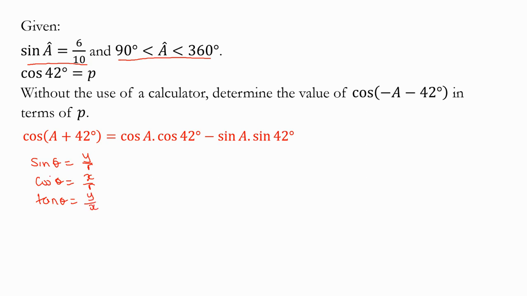You can even use your SOHCAHTOA, where we say opposite over hypotenuse, adjacent over hypotenuse, opposite over adjacent. And remember that from the Pythagoras theorem, r squared is equal to x squared plus y squared. Just remember those four.